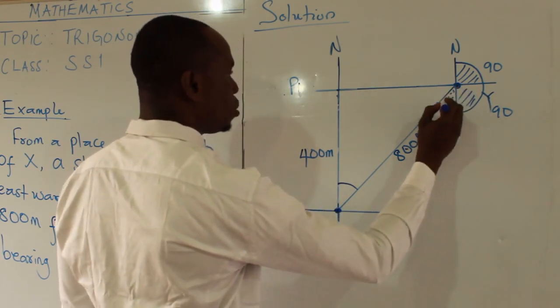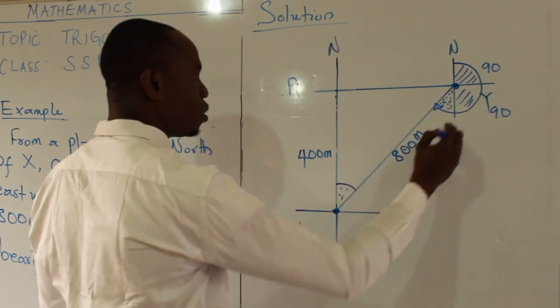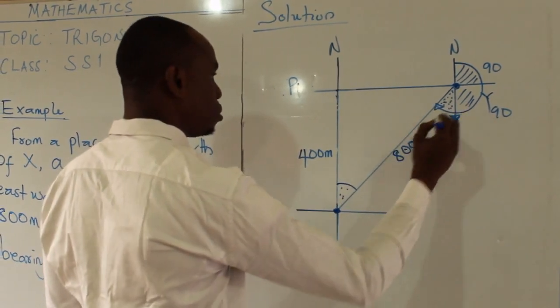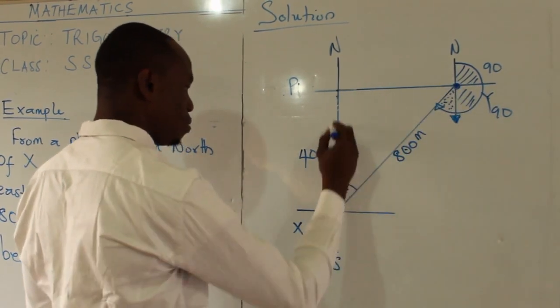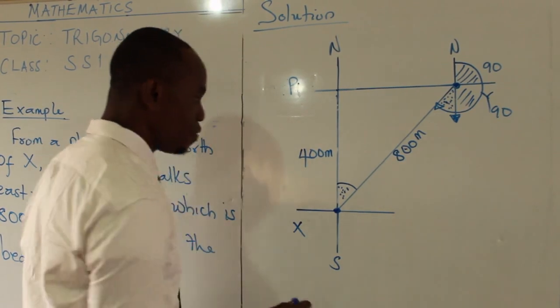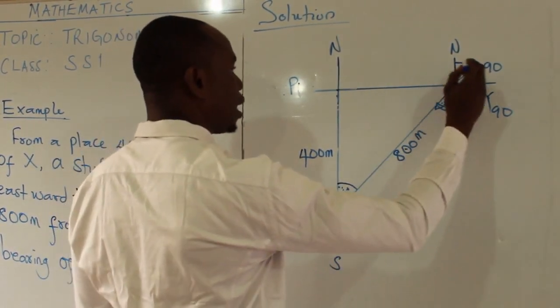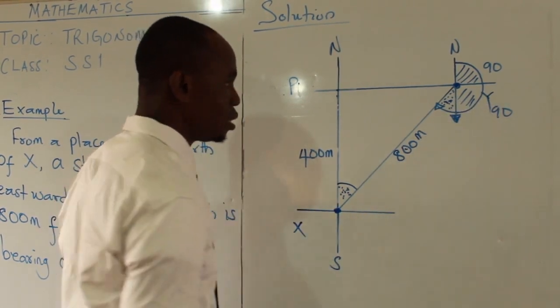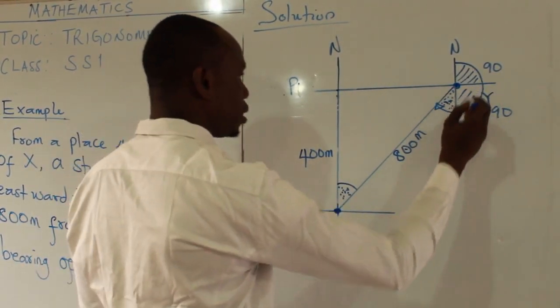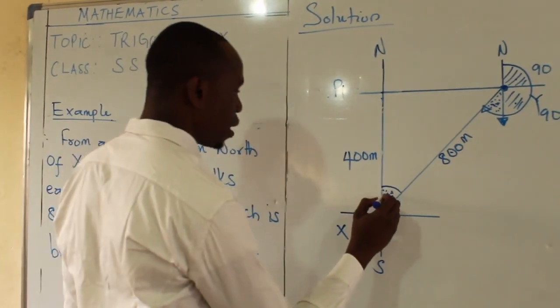And this point dotted here is related to this point from the alternate angle theorem, and this is the Z angle. So this part is equal to this part. So if I can get this part, I'll relate it to this part and then add 180, because 90 plus 90 is 180. Now, how do I get this part?